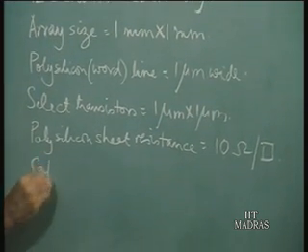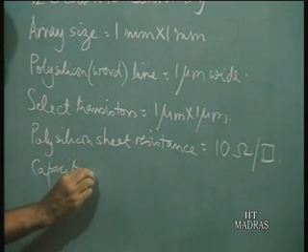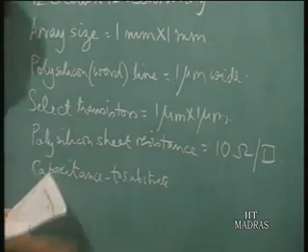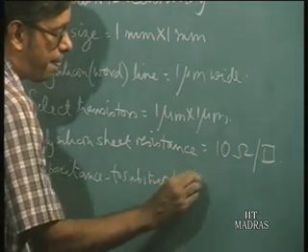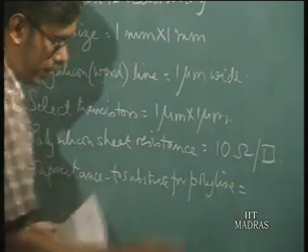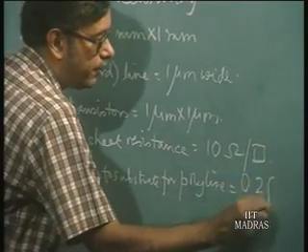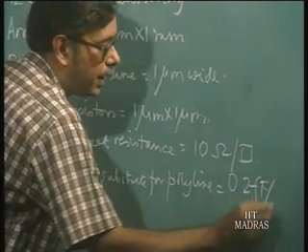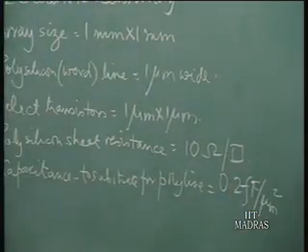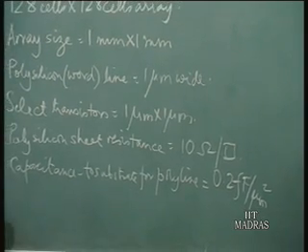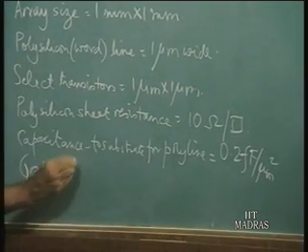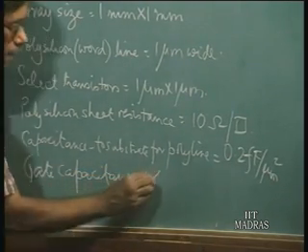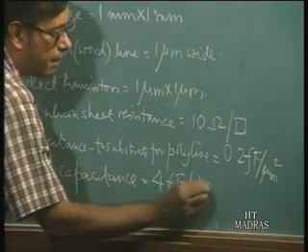Capacitance to substrate for polylines is equal to 0.2 femtofarad per micron squared, and gate capacitance is 4 femtofarad per micron squared.